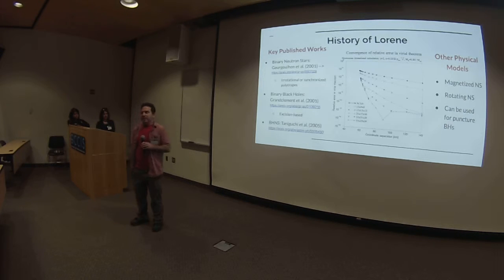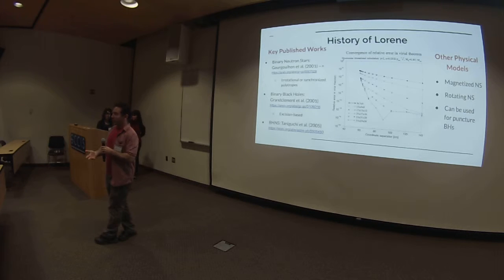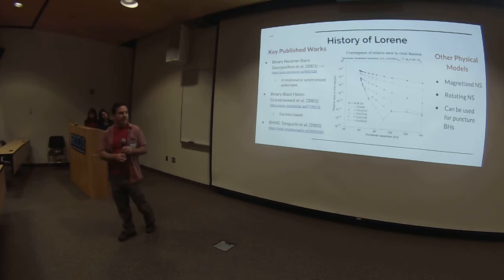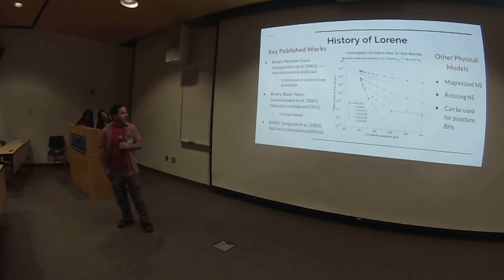It's worth noting that you can actually set up a version of Lorraine that deals with puncture black holes. It's not clear that it is any particular advantage over the existing TwoPunctures code, but in some ways it's actually a little bit easier to deal with after a while than TwoPunctures is. It's not clear that you get any particular significant gain in accuracy, but it can be done.